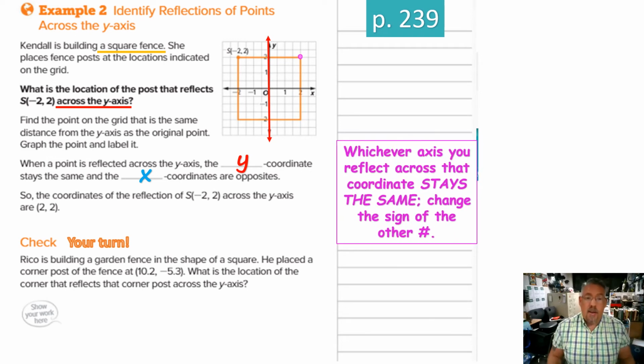So my -5.3 has to stay as -5.3, so I can cross the y-axis. But instead of having a positive 10.2, instead of going forward, I have to go backwards, and I end up with the opposite, which is -10.2. So that reflection would be the ordered pair of -10.2 and -5.3.